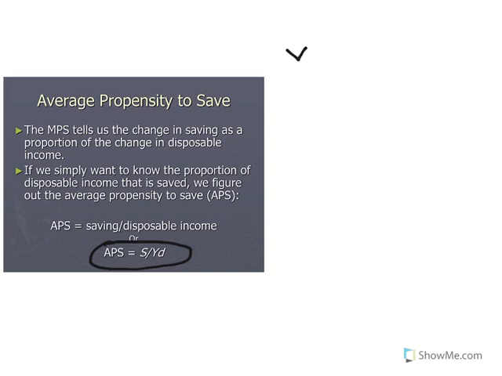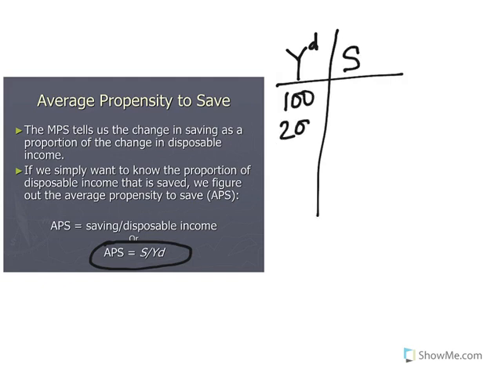So if we go ahead and look at saving compared to disposable income based on the data we were looking at before, we know that saving was 0 when disposable income was 100, it was 30 when disposable income was 200, and it was 60 when disposable income was 300.